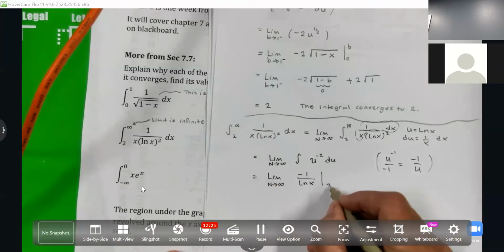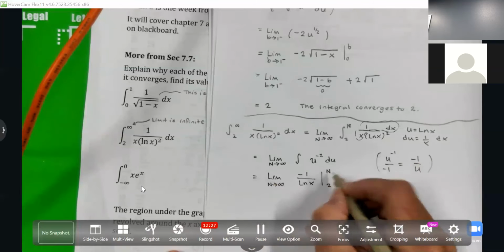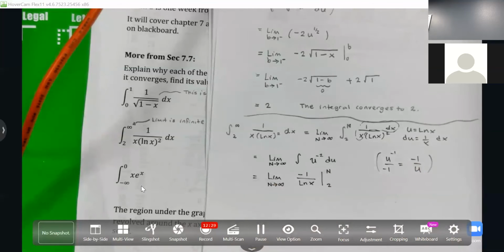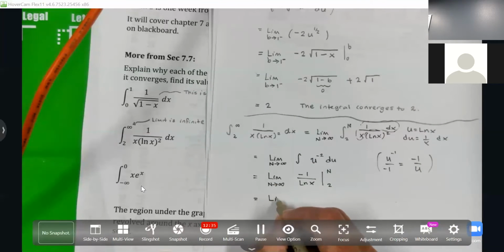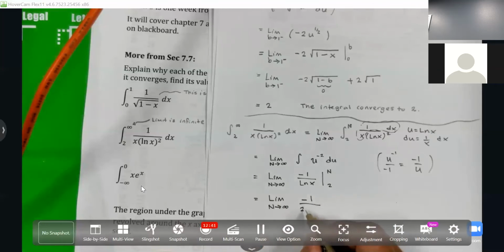And we're going from 2 to n. So I'm going to write that as the limit as n goes to infinity of negative 1 over the natural log of n, minus a minus gives me a plus, 1 over the natural log of 2.